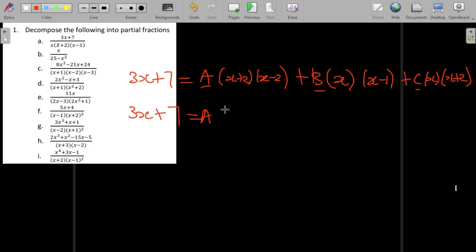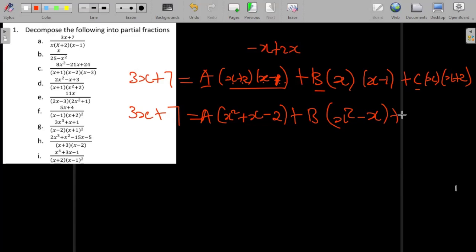So here we have A, and then this here, when I expand it, will be x squared. So this is 1, not 2. So x squared, and then x multiplied by minus 1 to be minus x, then 2 multiplied by x to be plus 2x. So this will just be plus x. And then 2 multiplied by minus 1 is minus 2, plus B. Then x squared minus x, plus C, x squared plus 2x.